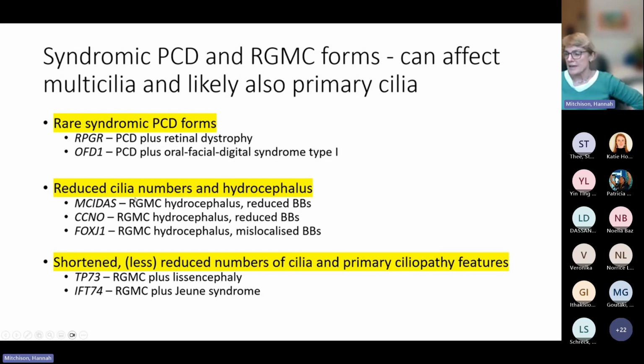Because these are so rare, again, I won't go into them, but we have these RGMC forms that I've mentioned, rare syndromic RPGR, PCD with retinal dystrophy, OFD1, oral facial digital syndrome plus PCD, TP73 is RGMC with lissencephaly, so malformation in the brain, IFT74 RGMC plus a skeletal ciliopathy called Jones syndrome. And just as an example, IFT74 is an important trafficking protein in cilia. So that's why it causes defects in both primary and motile cilia.